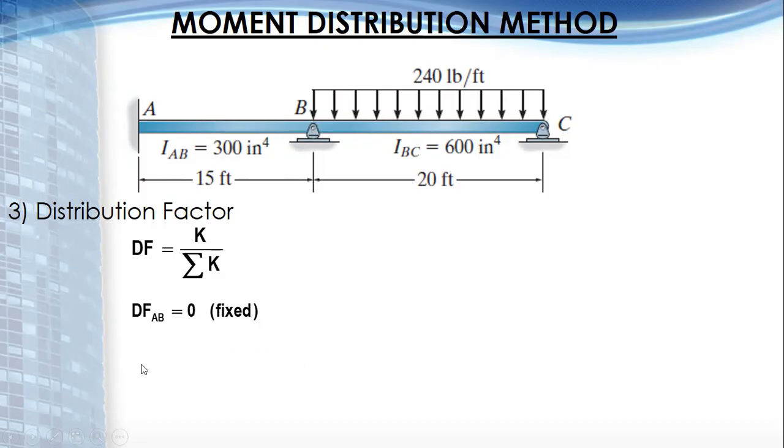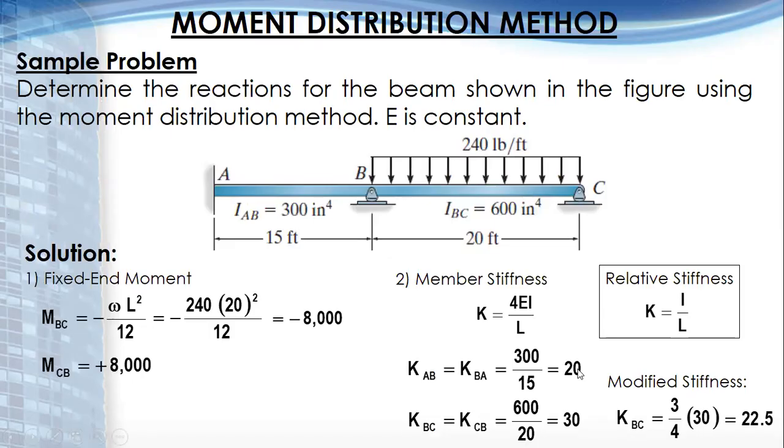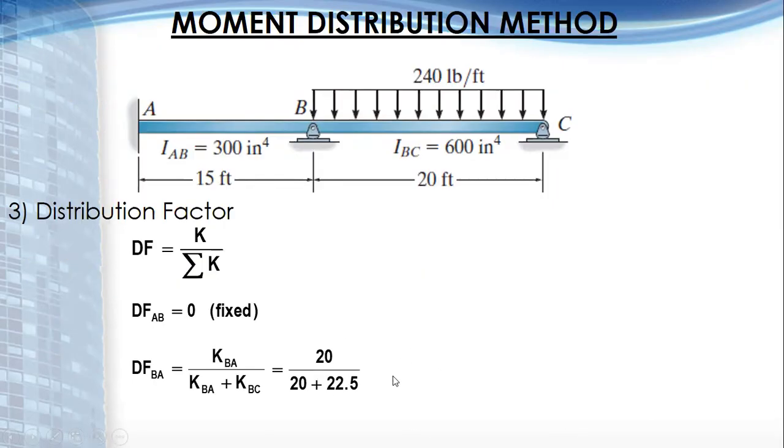So the distribution factor for member BA is the stiffness of member BA over the sum of BA and BC. So 20 for BA and for BC, it's 22.5. So, 8 over 17.